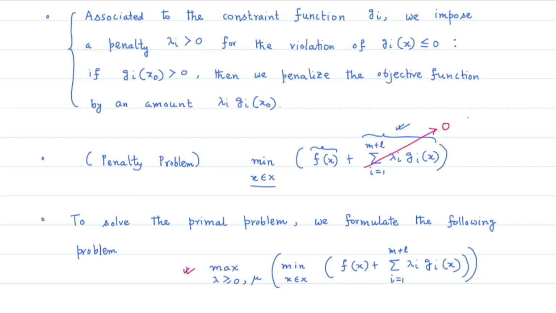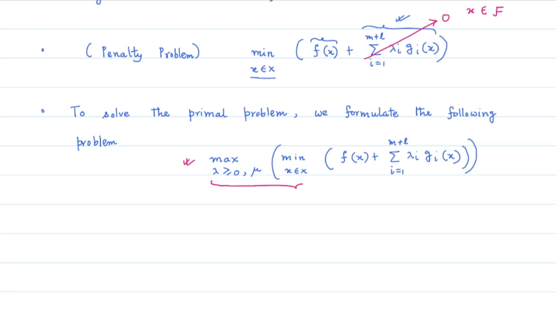You notice that this happens only when x belongs to the feasible set, right? And essentially then you are just solving minimization not on capital X but on capital F for the function f, by taking the maximum of this penalty amount, right? And here we see that this problem is nothing but the formulated Lagrange dual problem, right?